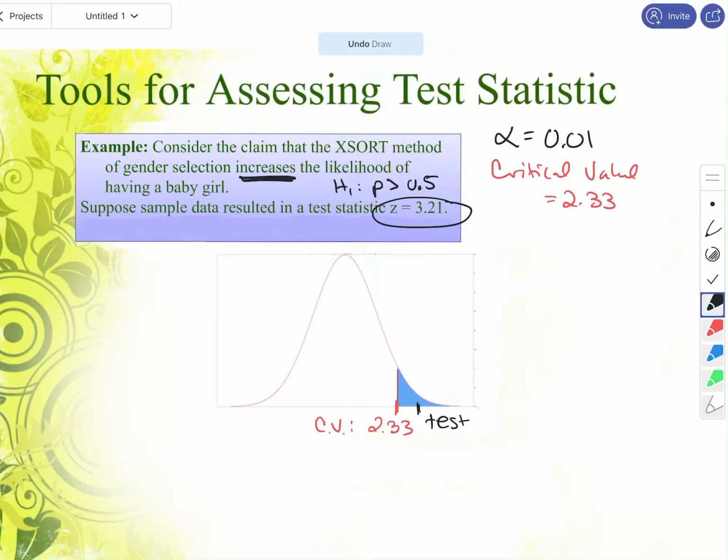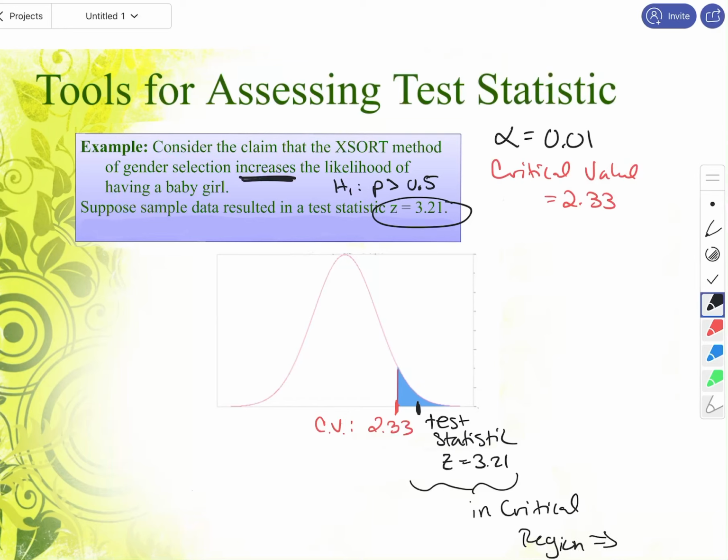Let me write that: test statistic z equals 3.21 is bigger than 2.33. That puts us somewhere in the critical region, which means that we're going to reject the null hypothesis.